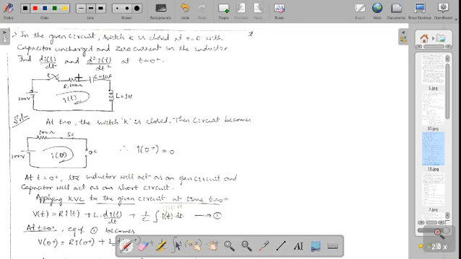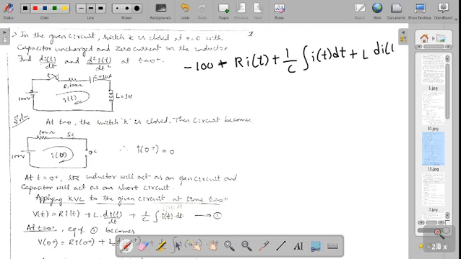Next, we need to apply KVL to the circuit. So this is minus 100 plus, what is the voltage across this resistor? R into I of t, plus the voltage across the capacitor, 1 by C into integration of I of t into dt, plus the voltage across the inductor, L into di of t divided by dt, equal to 0.